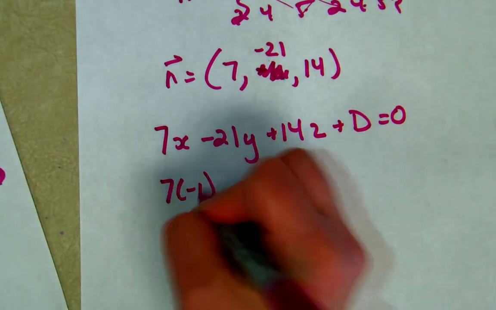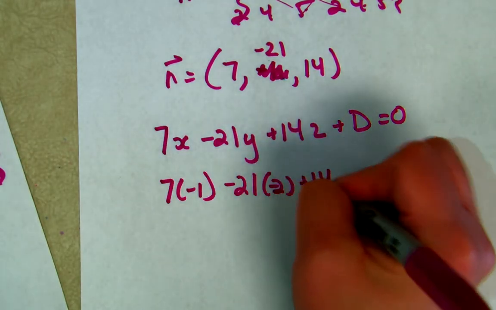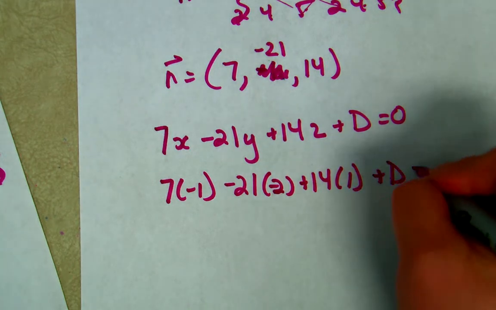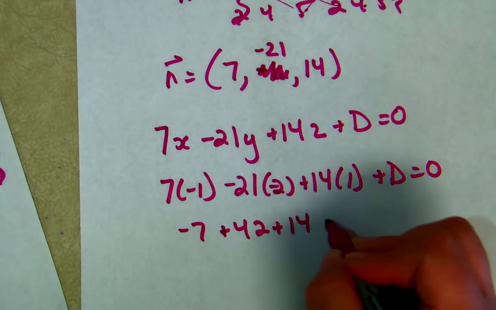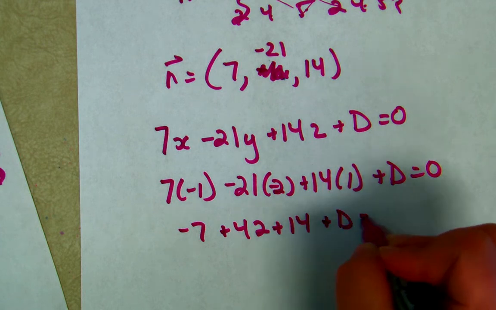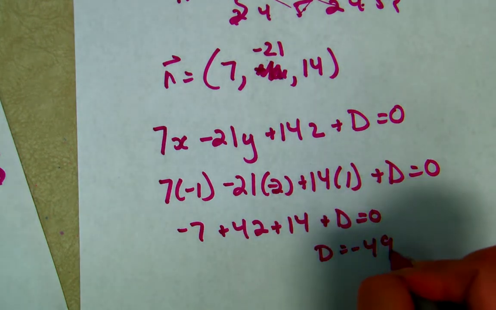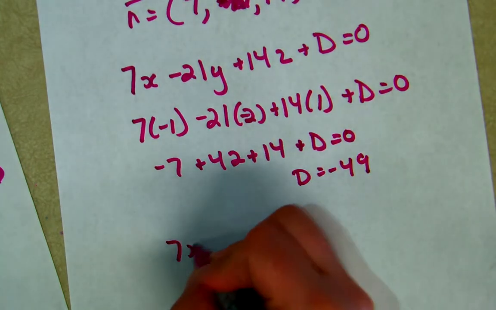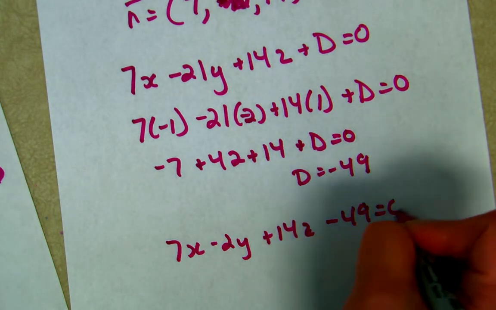So 7 times negative 1 minus 21 times negative 2 plus 14 times 1 plus d equals 0. So negative 7 plus 42 plus 14 plus d equals 0. So d equals negative 49. So then that gives me 7x minus 21y plus 14z minus 49 equals 0.